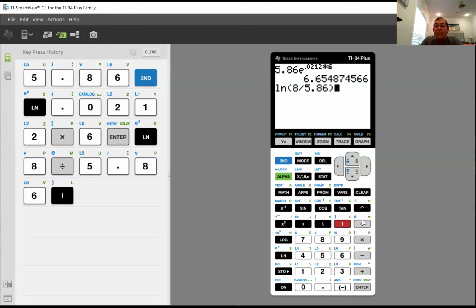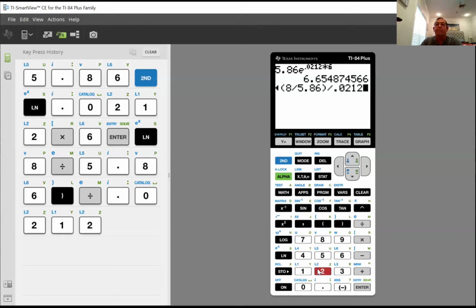And then that answer divides by the 0.0212. All right, we're estimating it to 1 decimal place. So y'all, that looks like what, 14.6, but the next number is an 8, so we'll round that to a 14.7. Okay, y'all, but we knew it had to be more than 6 years from what we got a while ago, okay?